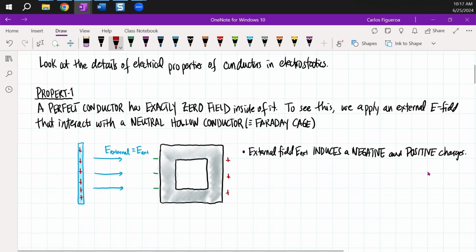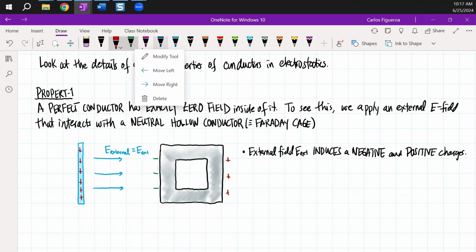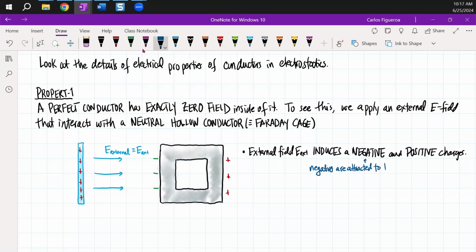Why do I build up negative charges? When we say it induces a negative charge, what's really happening is that the negative charges are attracted to the positive infinite plane. So they move and they start to build up. Now, here's what happens.